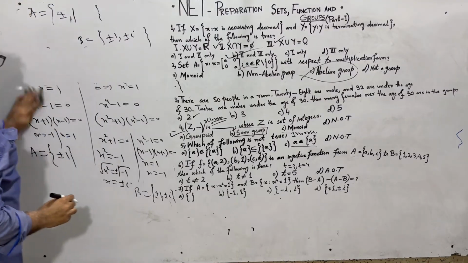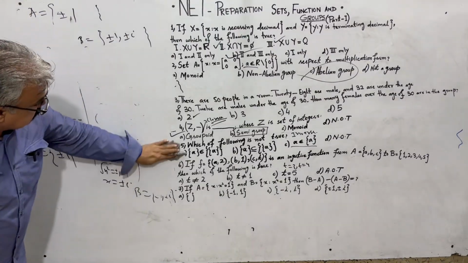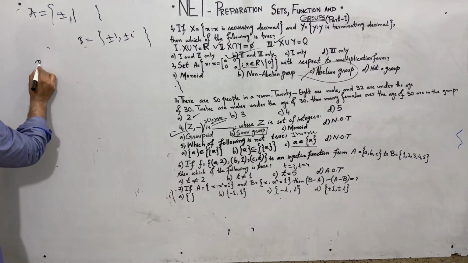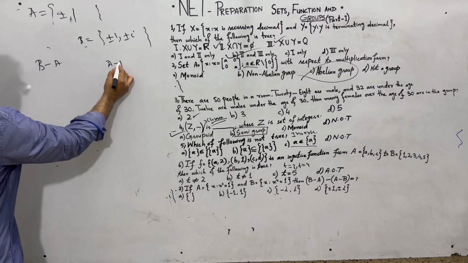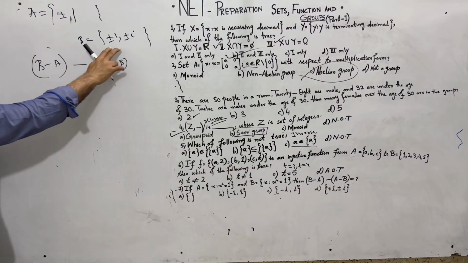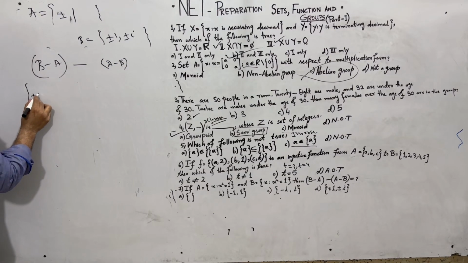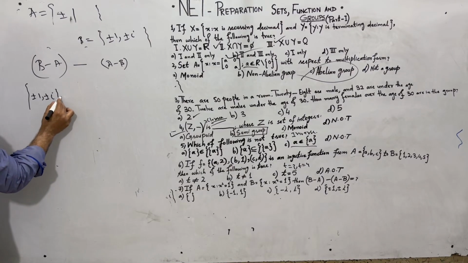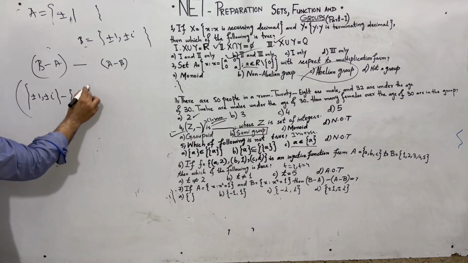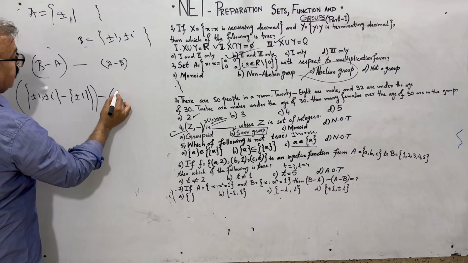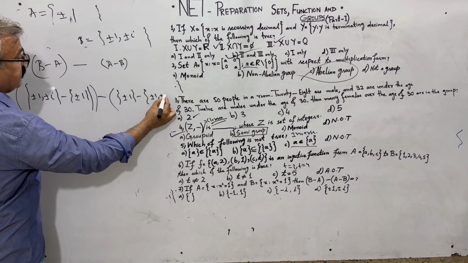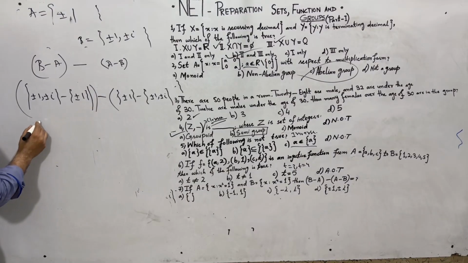What is required? Now find out B minus A and A minus B. We are interested in their difference. B minus A: what is our B? Plus minus 1 and plus minus iota. Minus, what is A? It's plus minus 1. Subtract.